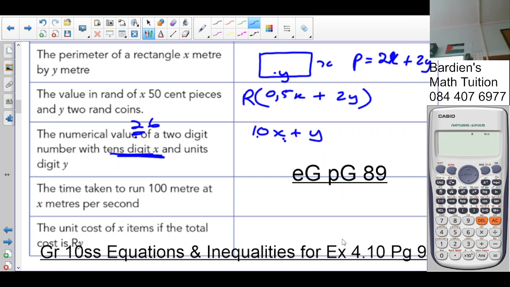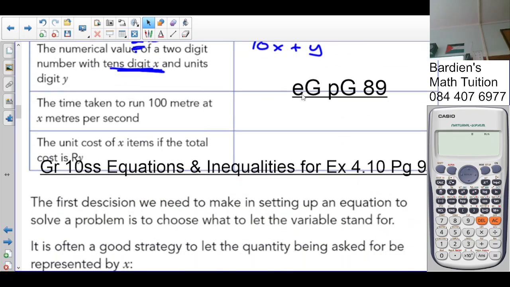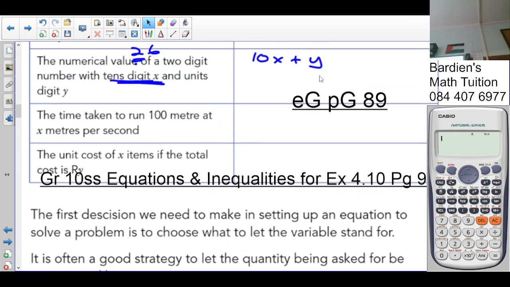You guys understand? What if x was 7 and your y is 3? That's going to give you 73. Can you see that, people? And so on and so on. Okay? Any confusion so far? No? It's a lot of revision of grade 9.